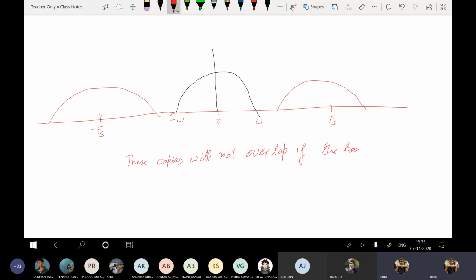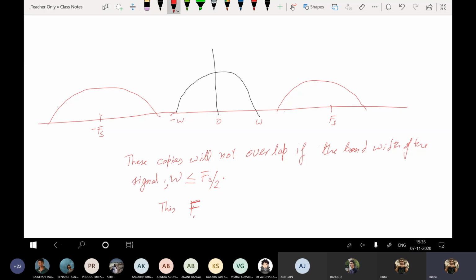if the bandwidth of the signal W is less than Fs by 2. Fine. This you know. This is the Nyquist theorem.